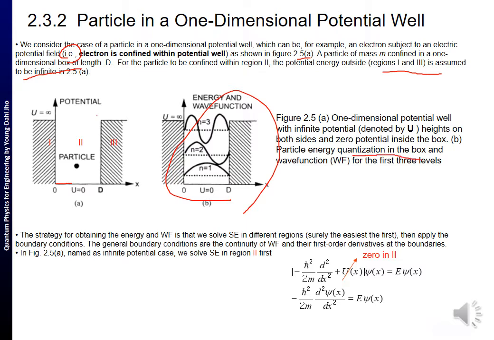In the case of figure B, particle energy quantization in the box and wave function for the first 3 levels. So this solid line shows the wave function with certain offset. This is energy value, we call it E1, another energy value E2, and another energy value E3. And wave function is supposed to be normalized.